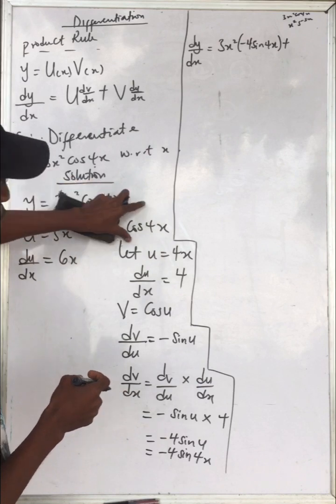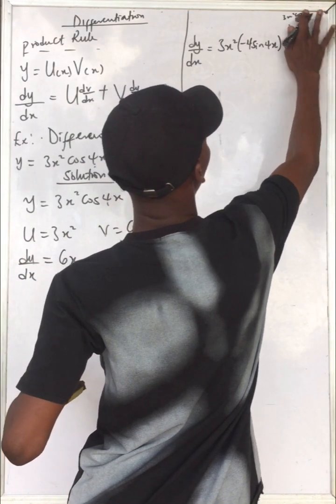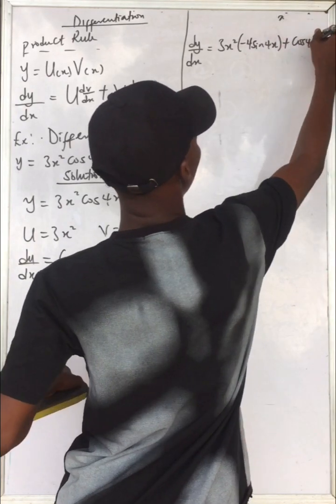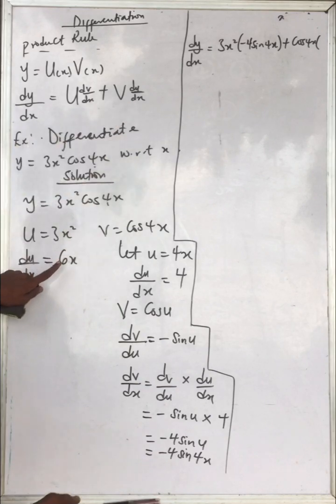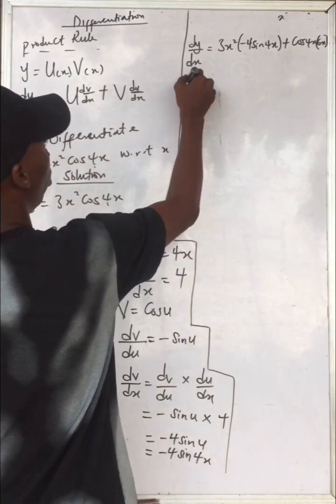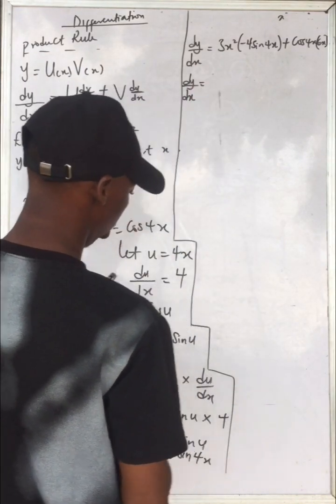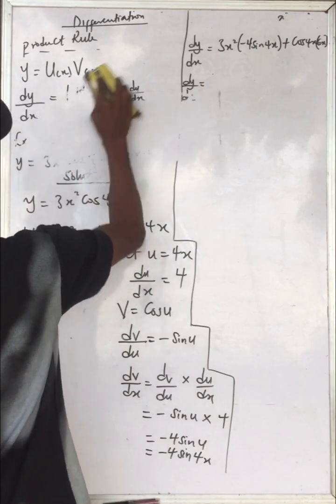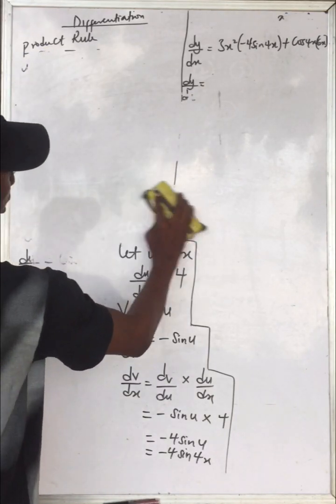My v is cos 4x multiplied by du dx, which is 6x in question here. So my dy over dx would now be, let me quickly clean up so that we can at least see what we are doing together, so that we don't get things confused.